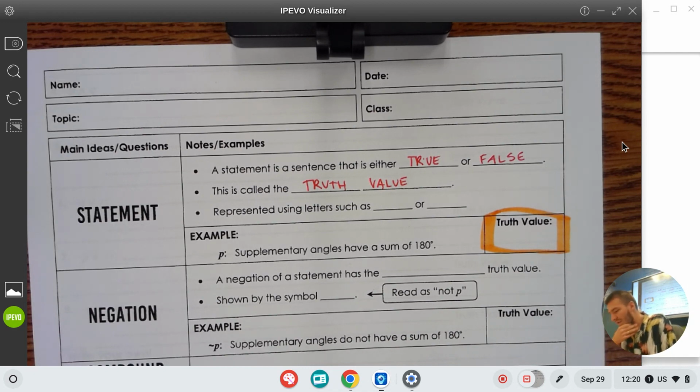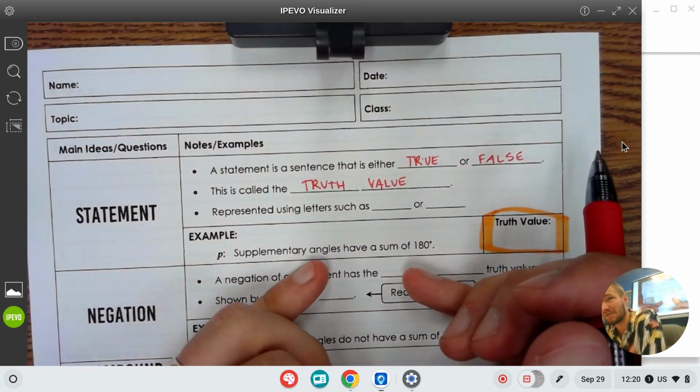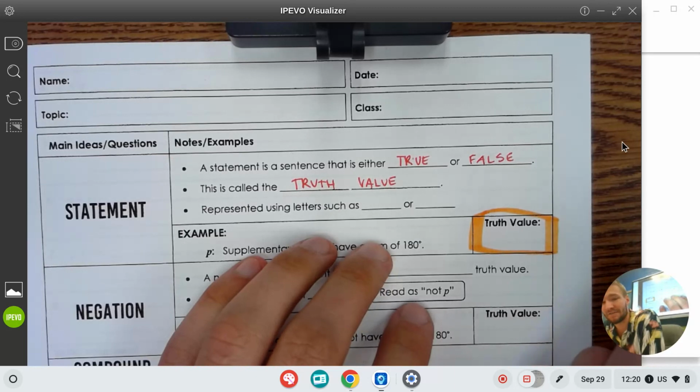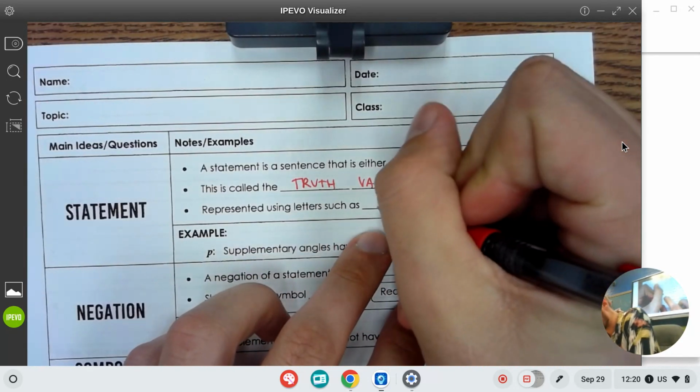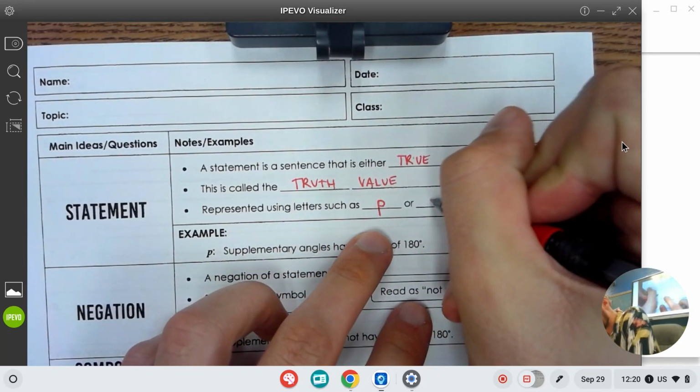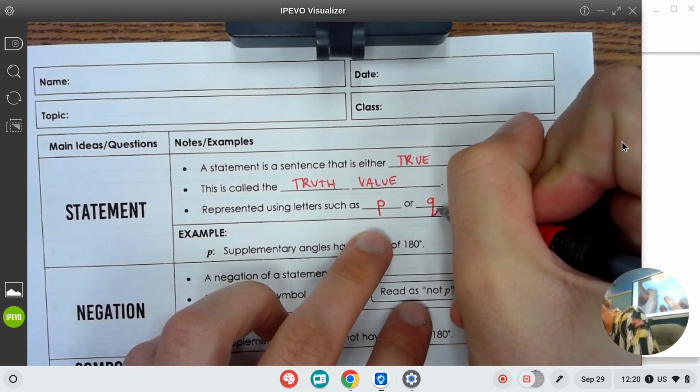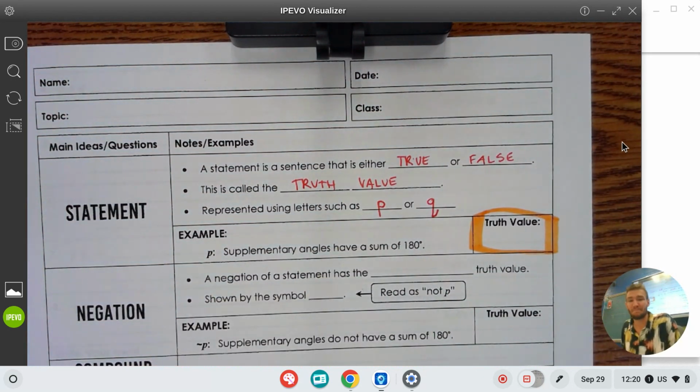Now, the statements themselves are going to be referred to using the letters P's and Q's most of the time, okay? We're not talking about whether it's true or false, we're just talking about the statement, okay?